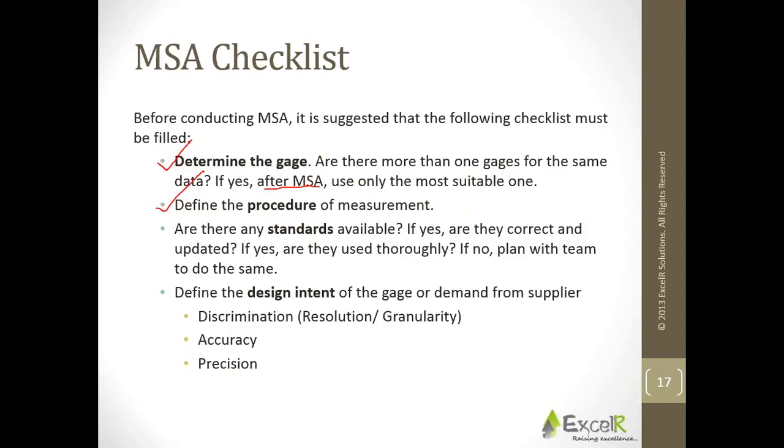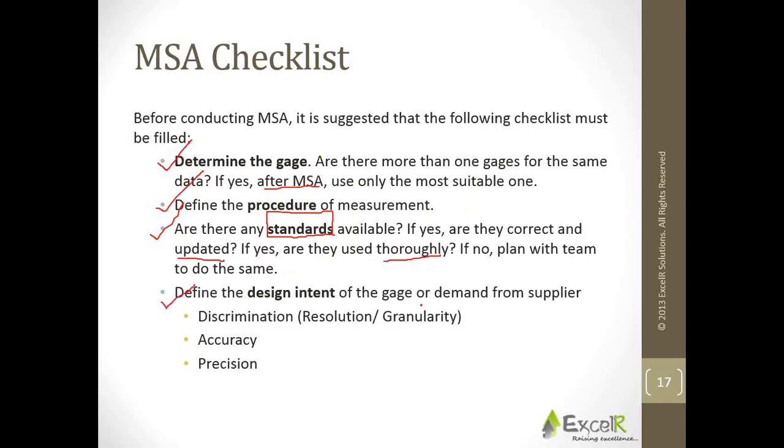You will have to define the procedure on how you have to take the measurement. Do you have any standards against which you measure your performance? If yes, then are those standards updated? Are they used thoroughly? If the answer is no, plan with the team to come up with some standard. Industry standard, national standard, or international standard.